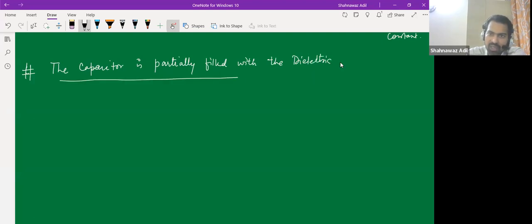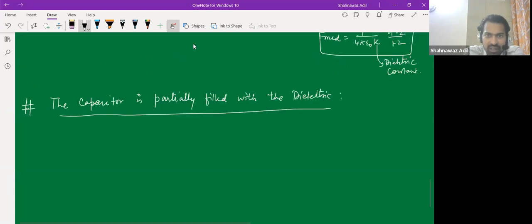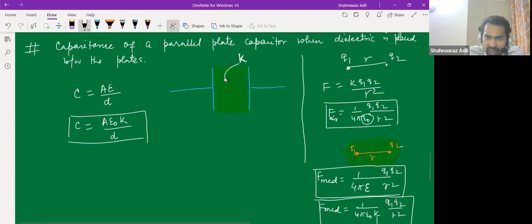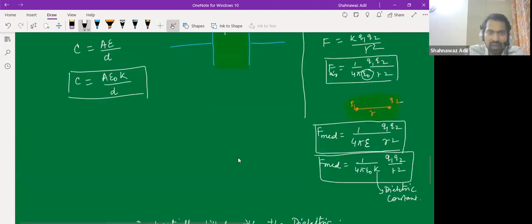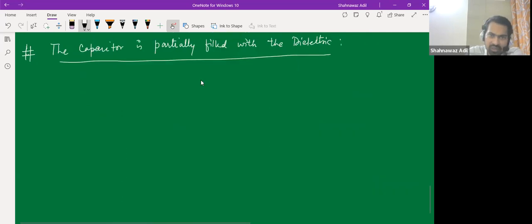And what do I mean by that? In the earlier case you saw that there was no gap. But now the plates are partially filled, so we'll have this capacitor with this thickness.